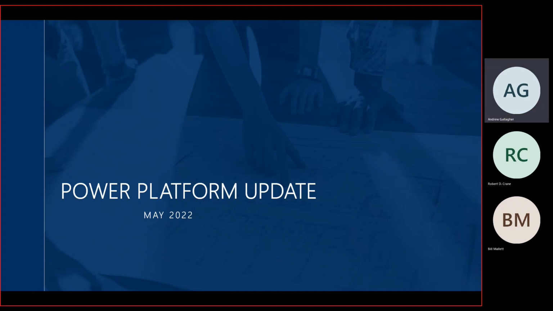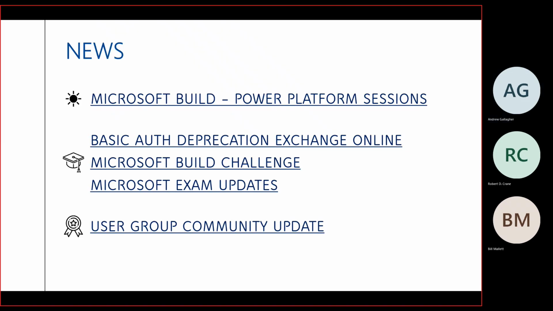Now I'm going to kick off the Power Platform update. I'm going to start by discussing that Microsoft are deprecating basic authentication for Exchange Online. Now I'm just going to grab my screen here.